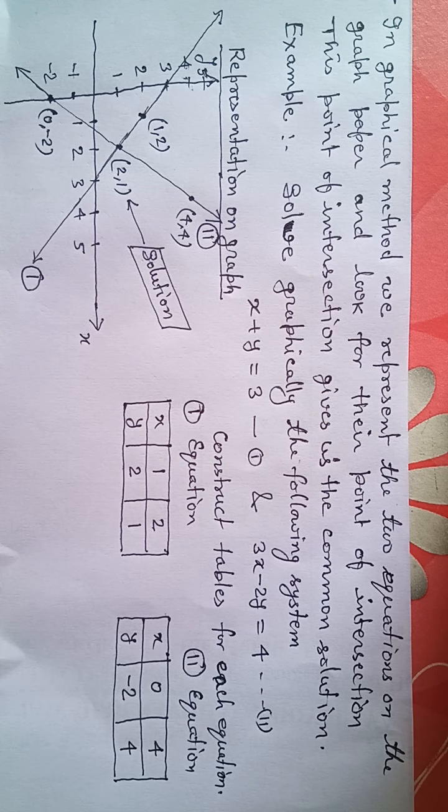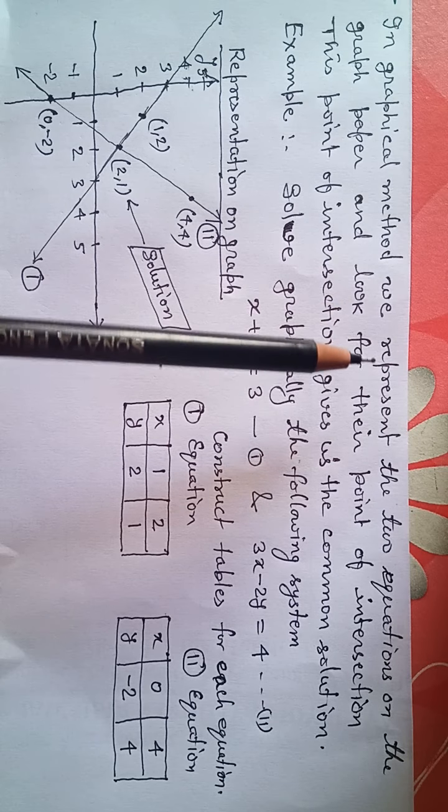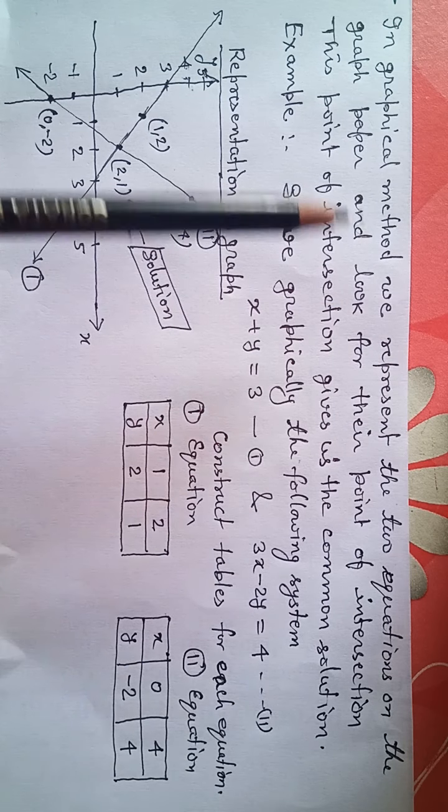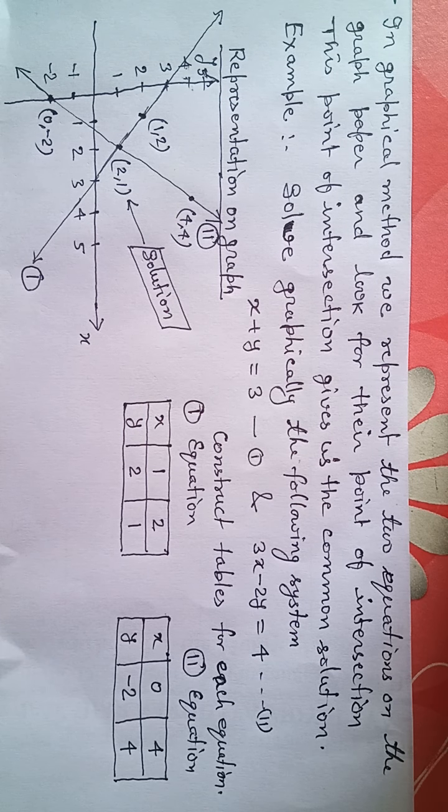Now how do we find out the solution of a system of linear equations? In graphical method, we represent the two equations on the graph paper and look for their point of intersection. This point of intersection gives us the common solution.